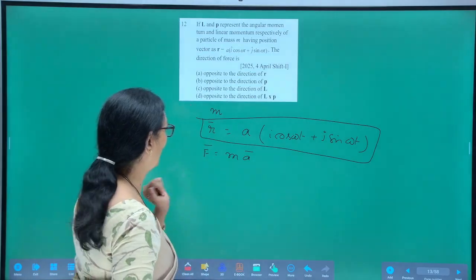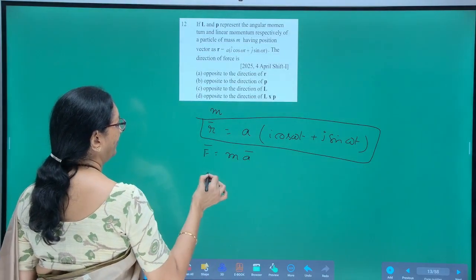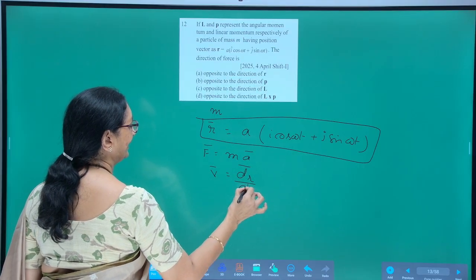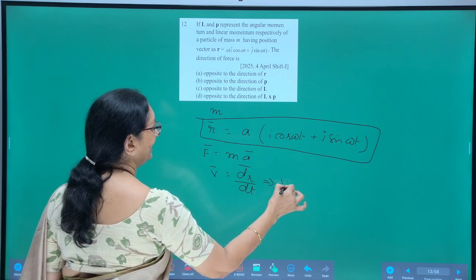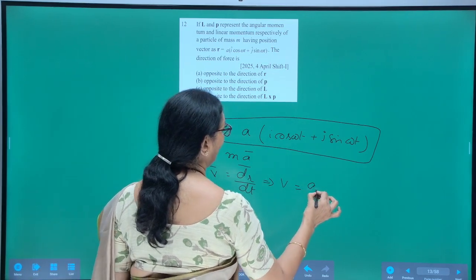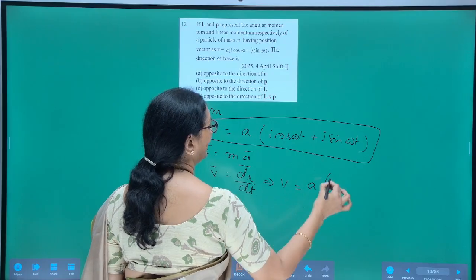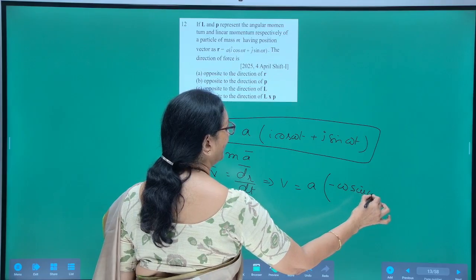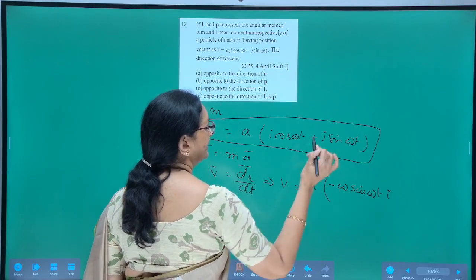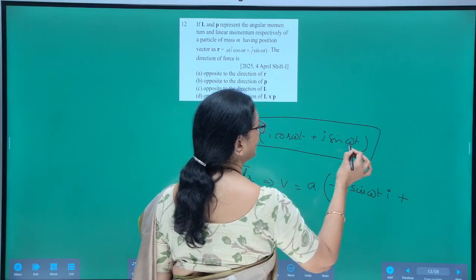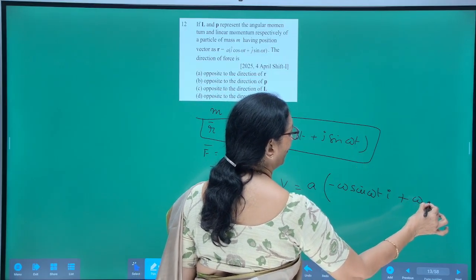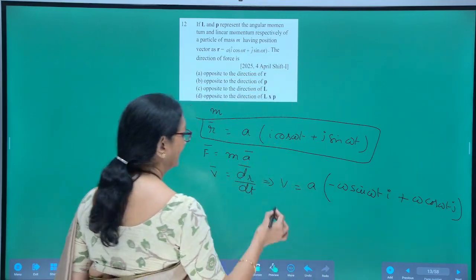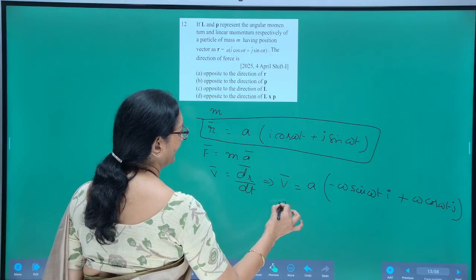Now, our velocity vector is dr by dt, which implies v is equal to a cos omega t, whose derivative is minus omega sin omega t, i bar. Sin omega t derivative is omega cos omega t, omega cos omega t j bar. This is the velocity vector.